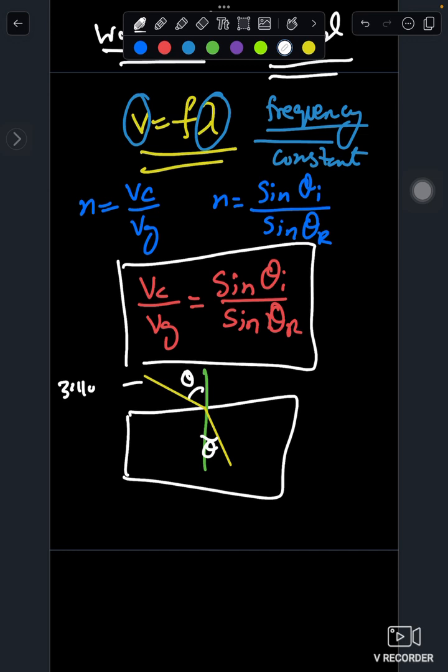We all know that. So we can use theta I, theta R and this to calculate the speed of light in glass. So this is the refractive index.